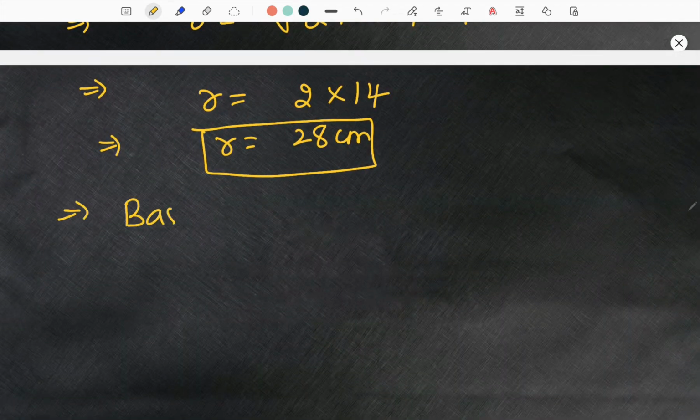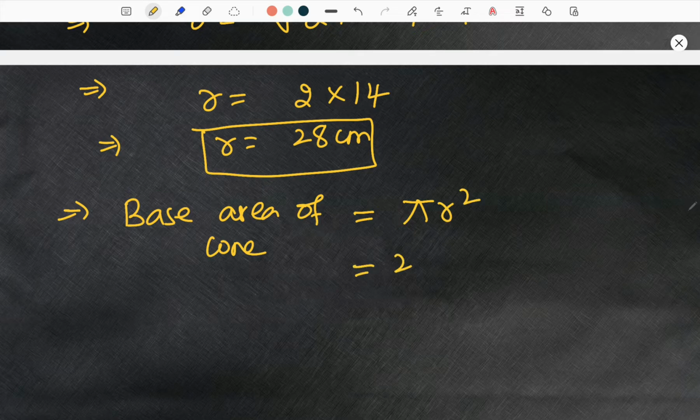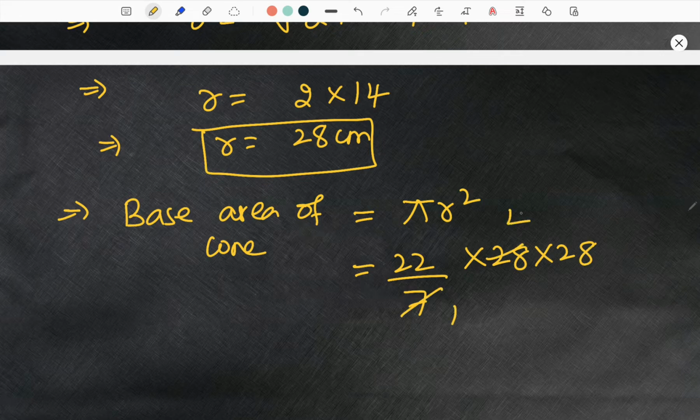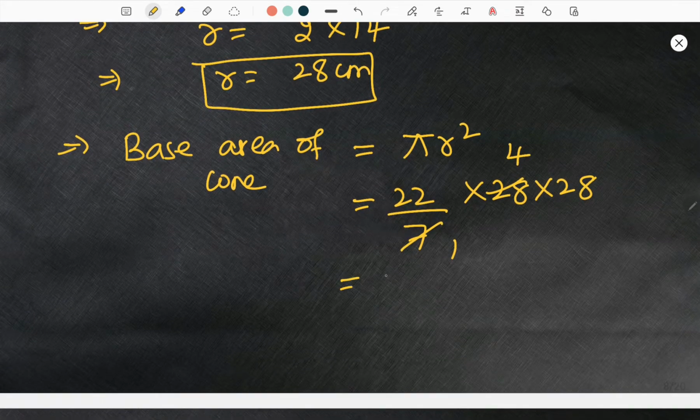So base area of cone, or circular base area of cone, is equal to pi r square. So pi is 22 by 7 into r square is 28 into 28. 7 ones are, 7 fours are. Alright, so it becomes 22 into 4 eights are 32, 3 is the carry, 4 twos are 8, 8 plus 3 is 11.